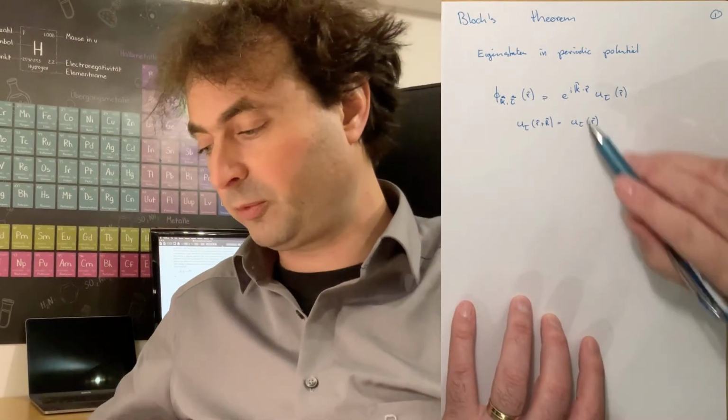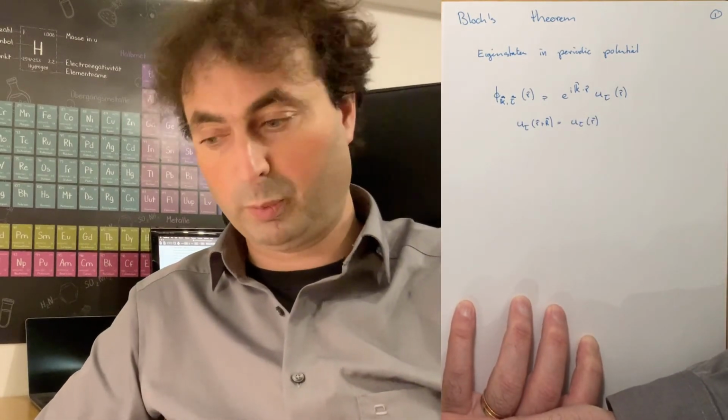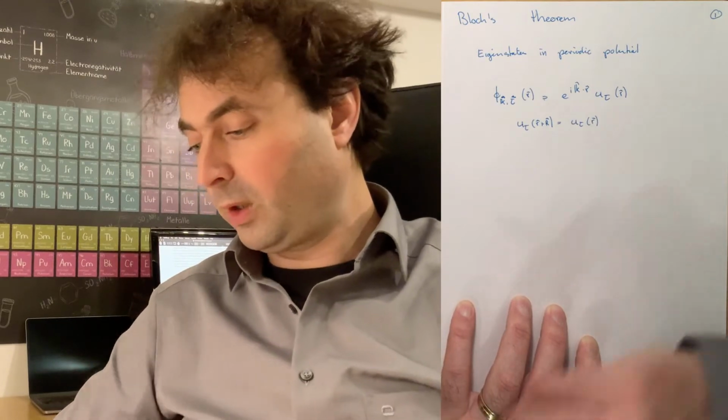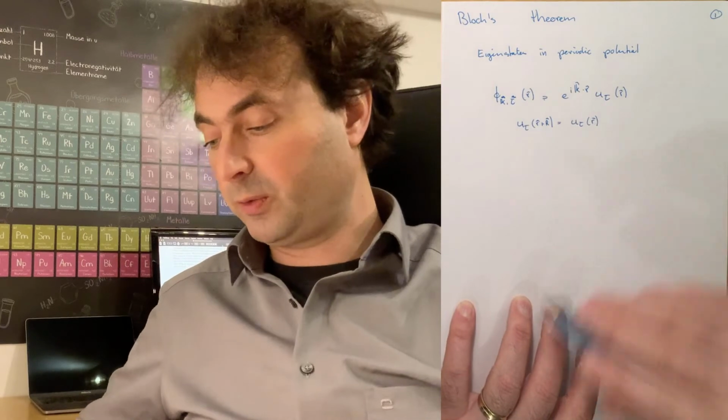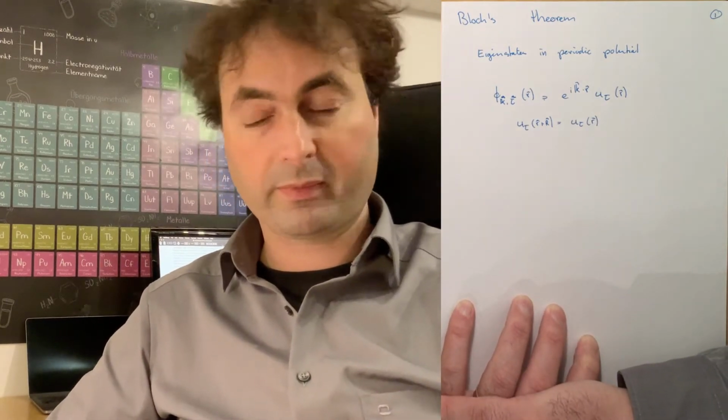So u is a periodic function and that is a plane wave with a crystal momentum. All eigenstates are of this form. Any wave function that is of this form we will call a Bloch wave.